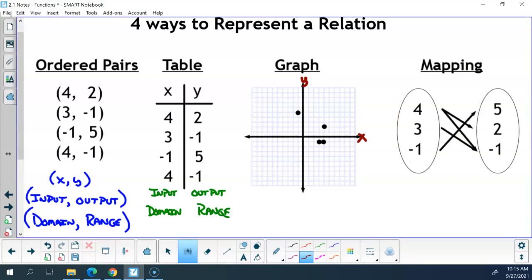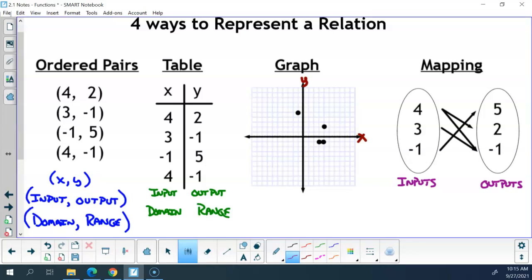Now, a mapping takes all of your inputs and puts them in a circle. And then it takes all of your outputs and puts them in a circle. And then we draw arrows from the input to its corresponding output.